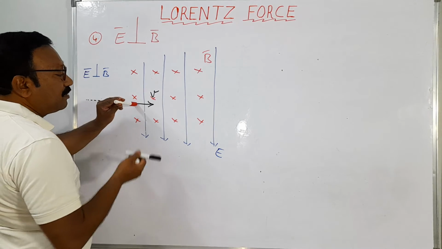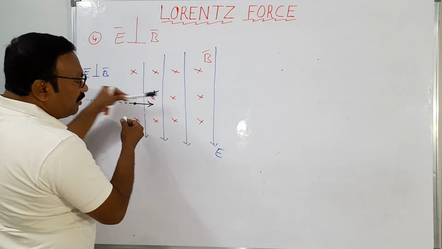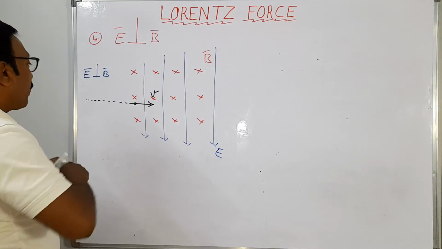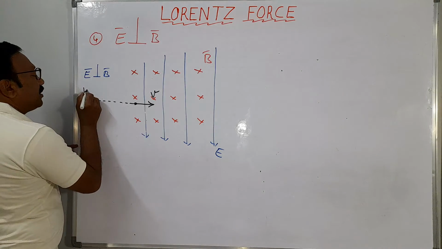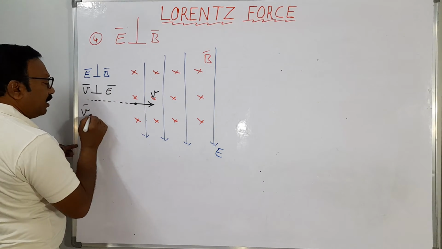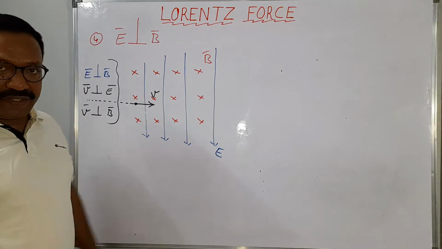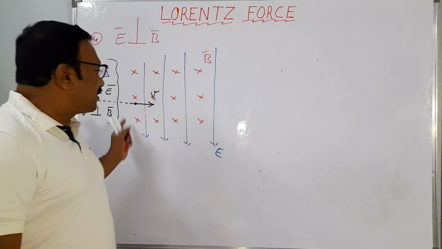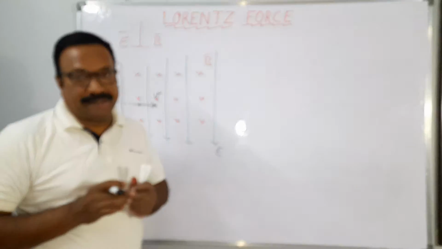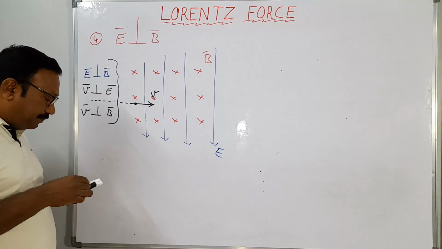Magnetic field is inward, so it is coming perpendicular to that. Electric field is downwards, it is coming perpendicular to that. So therefore, here the velocity is perpendicular to electric field, velocity is perpendicular to magnetic field. All these three conditions are satisfied. At this condition, he will ask us the questions.